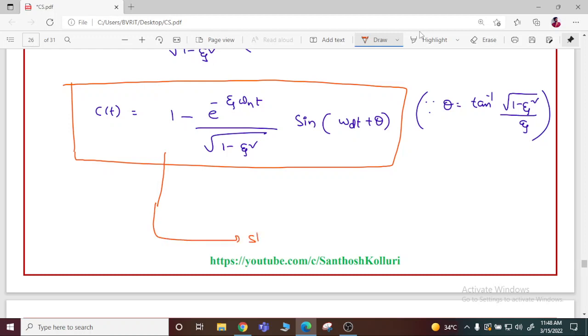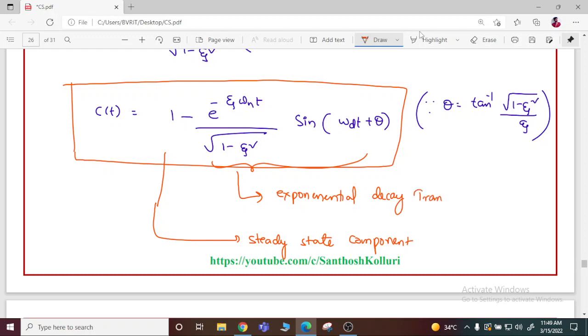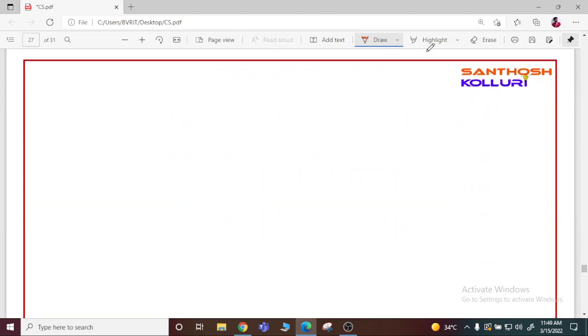This is the steady state component, and this is the exponentially decaying transient component, a sine wave with exponential decay, in the sinusoidal waveform. So the graph can be drawn as shown.